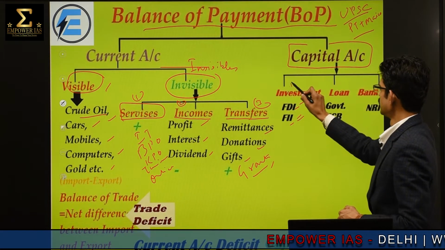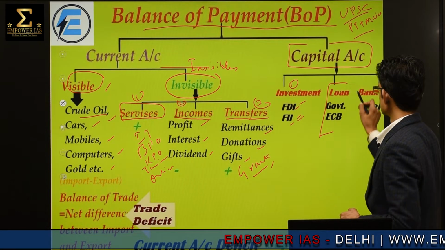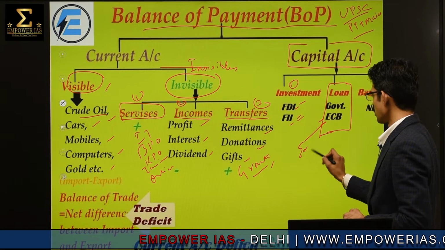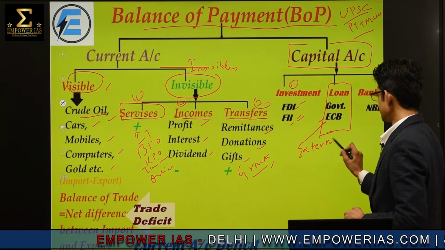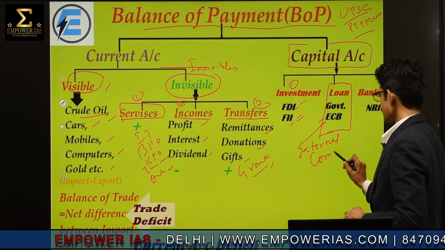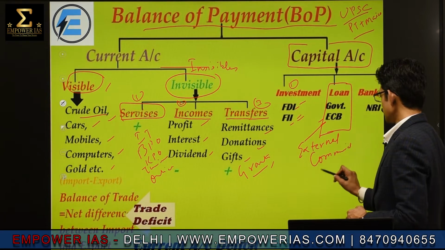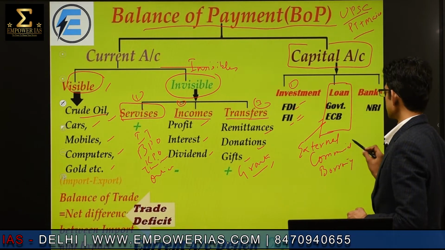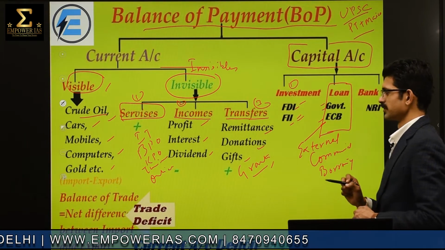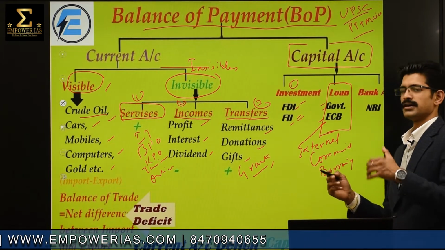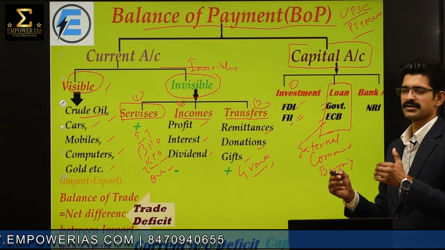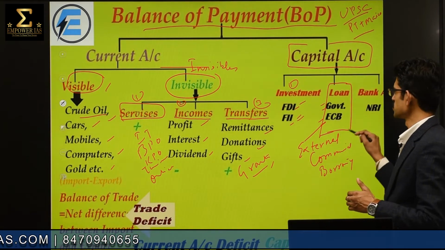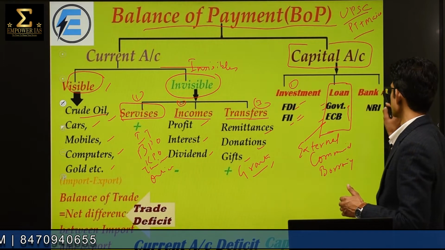Then there are loans taken by the government in terms of external commercial borrowings, that is external commercial borrowing. And there are receipts which are taken by government. So it is a huge bulk of India which we are having in terms of receipts as well as the capital which constitute the total government external commercial borrowing.